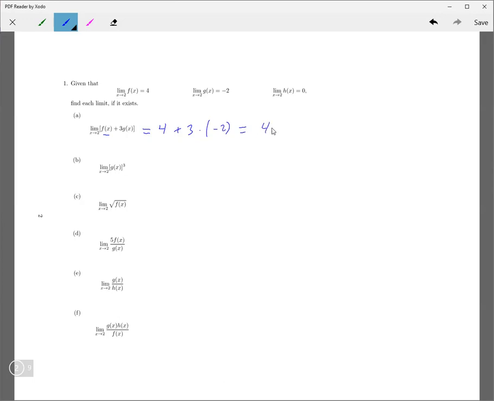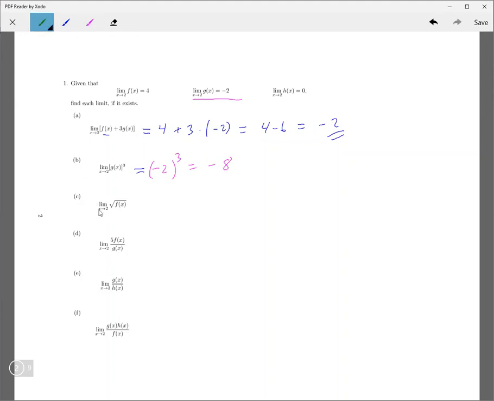Okay, so that's going to be 4 minus 6, which is going to be -2. So basically just plugging in the values there. Okay, and then the second one, you're taking the limit as x approaches 2 of g of x to the third. So you just plug in the limit of g of x, which is this one. You just plug that in there, and that's going to be -8.